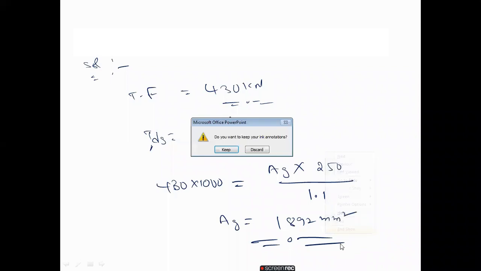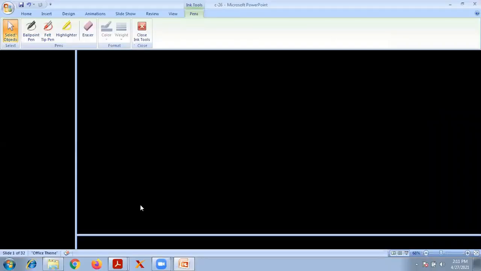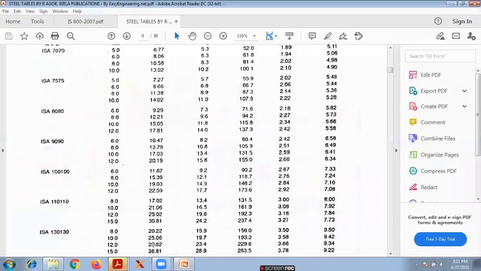Yesterday in class we discussed the tables. Now open the table and select suitable data for the gross cross-sectional area. If I take an angle section, the gross cross-sectional area details are there. We got around 1892.